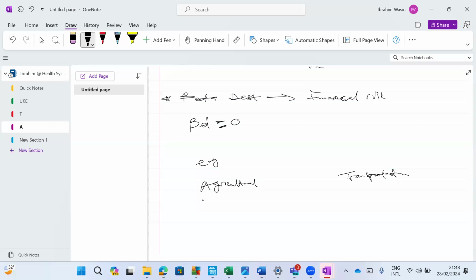Because the choice of financing, how you want to finance your business, is based on the organizational choice, not a general thing. But business risk is a general thing. As far as you go into that line of business, you are going to face the business risk of that industry. You can't run away from it.